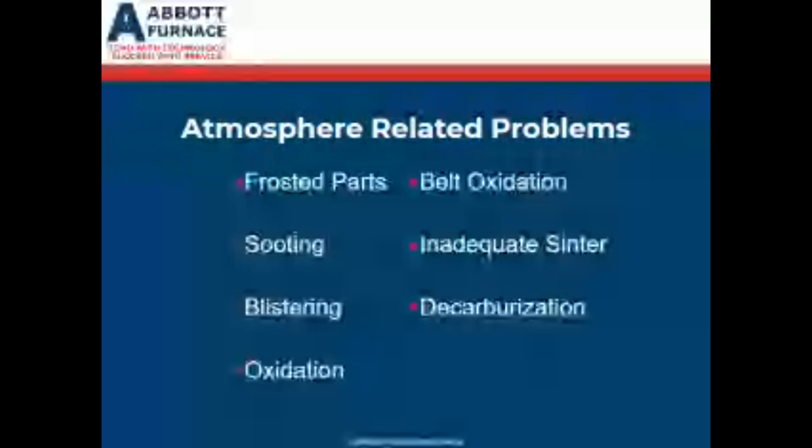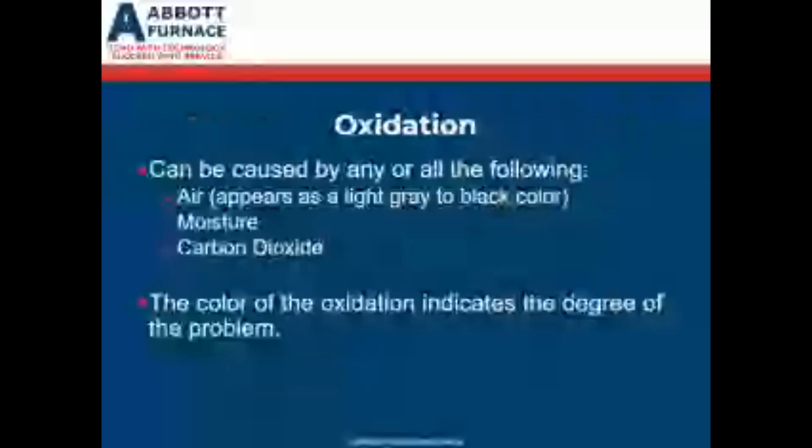Again, the oxidation can be caused by air getting in the furnace somewhere, whether it be a leak in a welded seam or a bolted flange. It could be a bad gasket on the side cover. It could be an atmosphere issue. It could be cold air pushing down the stacks into the furnace. Could be caused by a water leak in the cooling sections.